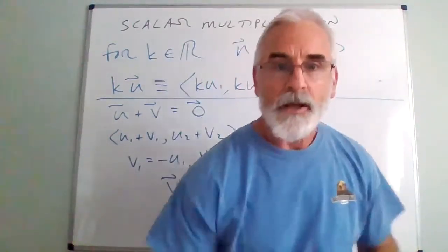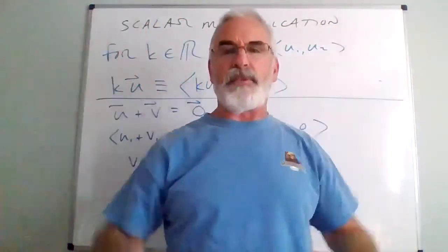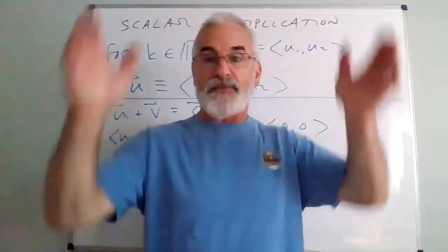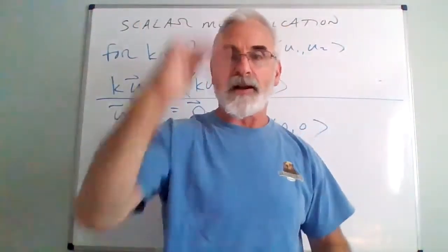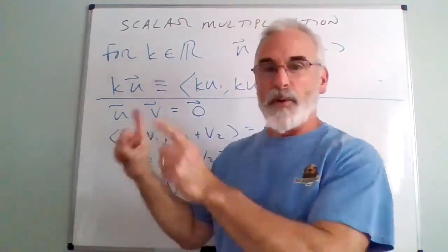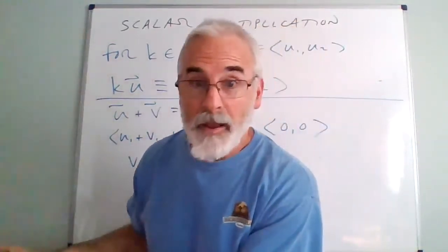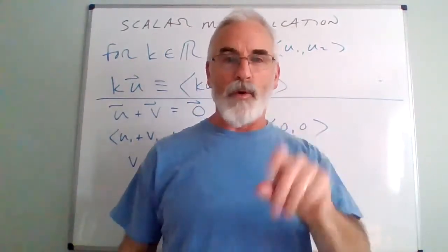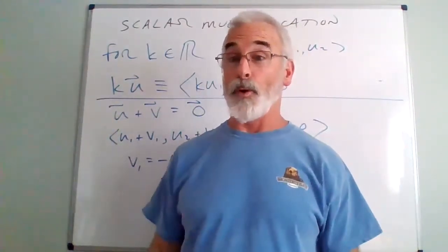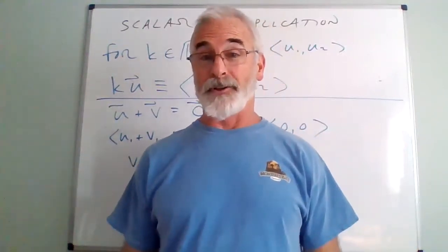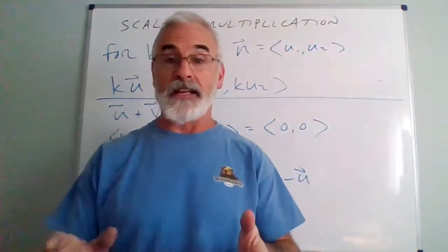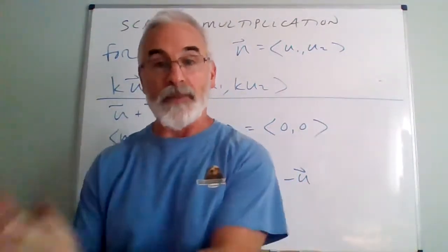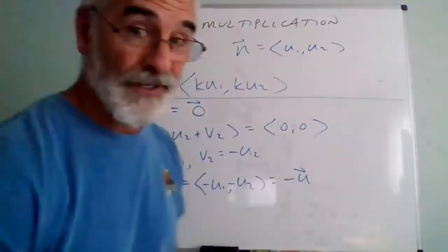If I show that a certain set of things, could be the set of real numbers, the set of matrices, the set of polynomials, whatever, has a bunch of inherent properties, and I come up with another set of things that's completely different, but I can show it has all the same properties, then conclusions I make about one, I can also make about the other. Whoa, that's really cool. So if I can show that vectors have properties of real numbers, then some of the conclusions I make about real numbers, I may be able to make about vectors, which is really nice.